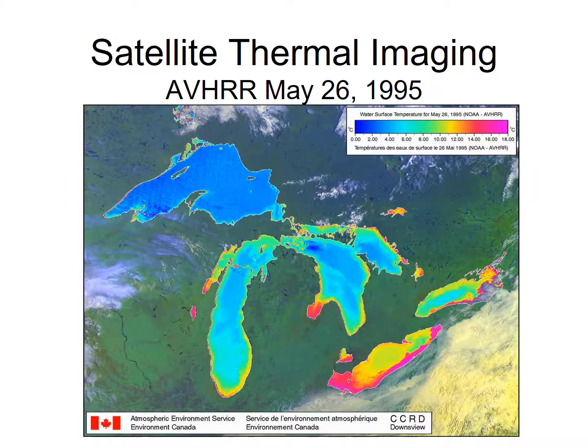Here is a satellite thermal image from the AVHRR satellite system. We're looking here at water surface temperatures of the Great Lakes, and you can see how some lake temperatures are much, much colder than others. And why would that be?